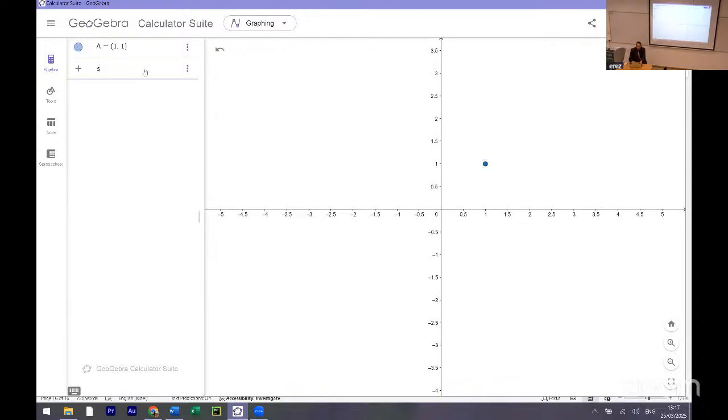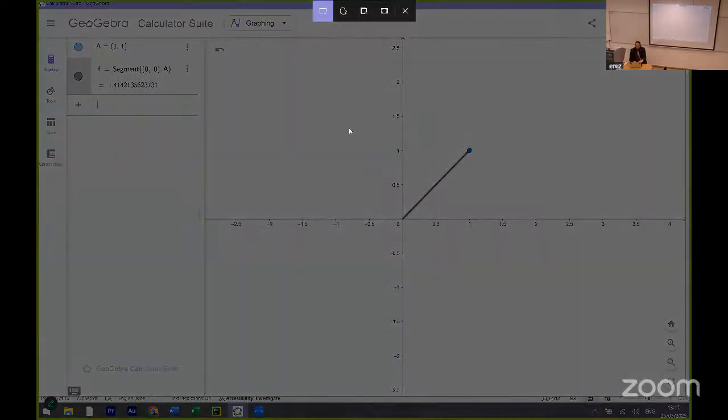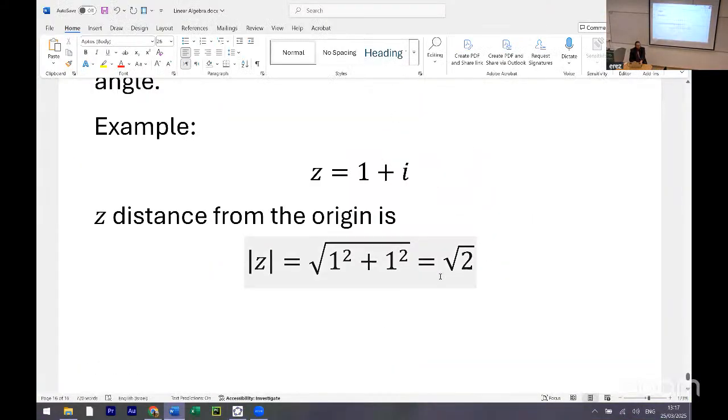Let's connect it to the origin, and the angle I speak about is the angle towards the positive side of the real axis. So what is this angle? 45 degrees, or pi over 4 radians, which we will use.